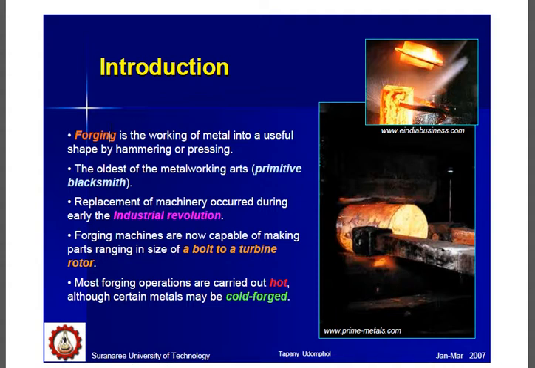See this in the picture. This is also forging. Here is hammering and here is pressing. Here we use hammering and here pressing. Forging is the working of metal into a useful shape by hammering or pressing.